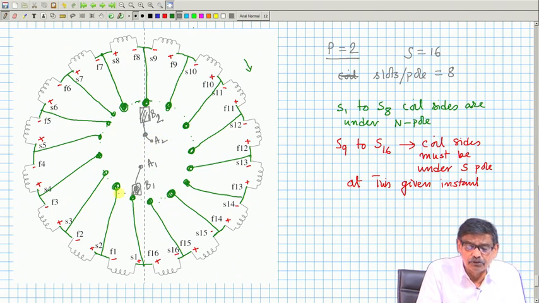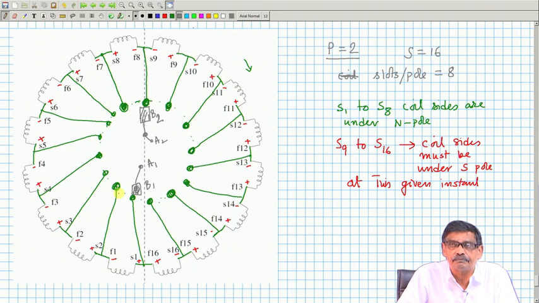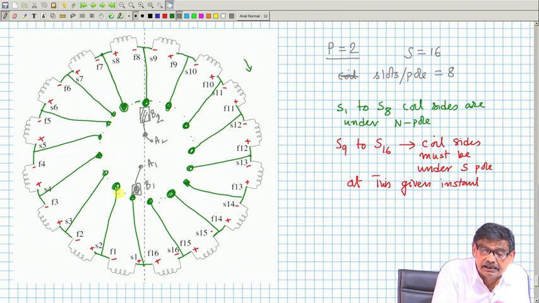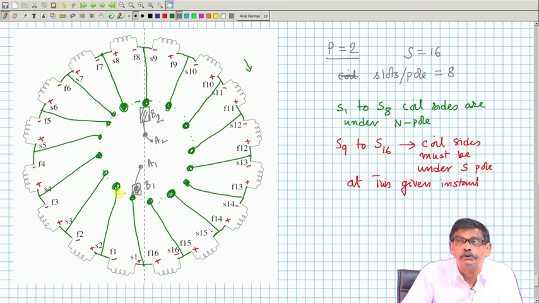This time only 2 brushes will do, no 4 brushes required, because you want to maximize voltage. All the EMFs here, no matter which 8 coils are on the right, which 8 coils are on the left, polarities of the voltages is such that across B 1 B 2 you will always get DC voltage. Got the point.